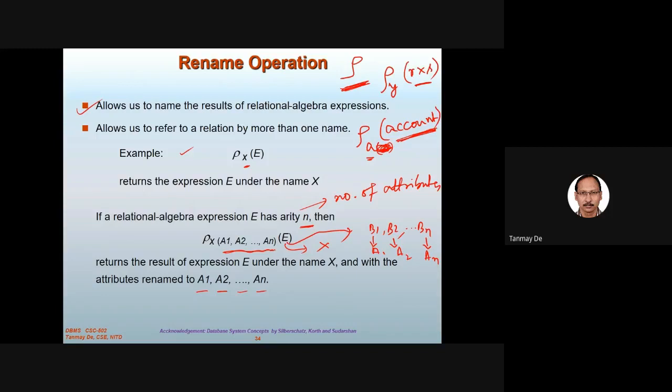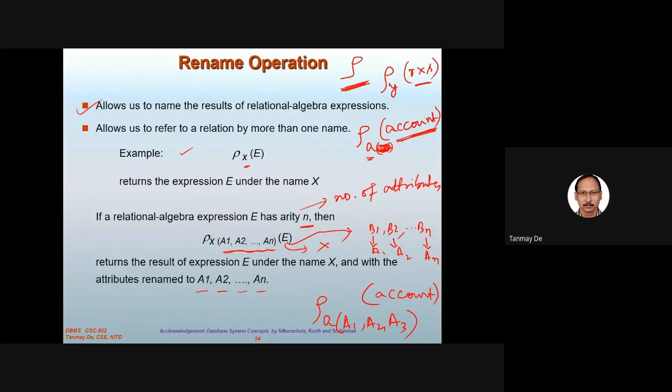But if we mention here A1, A2, A3, three attributes are there, na? How many attributes in the account relation? Just a minute. Account number, branch name and balance. If we write this one, what is the meaning of that?